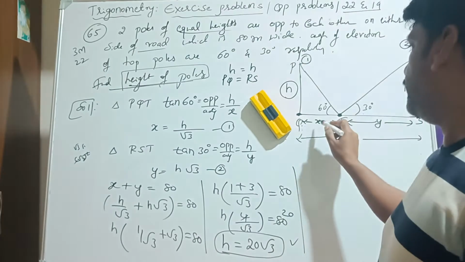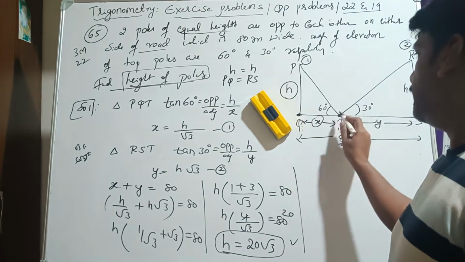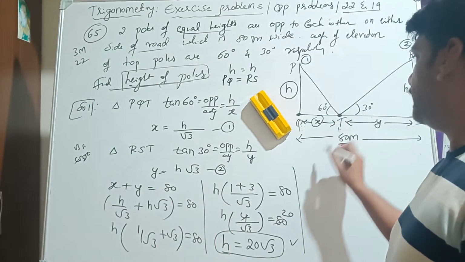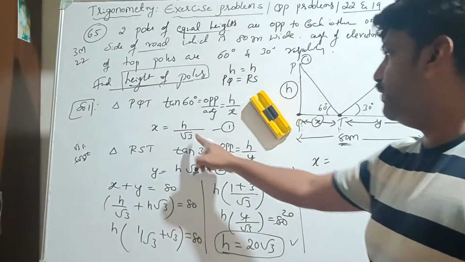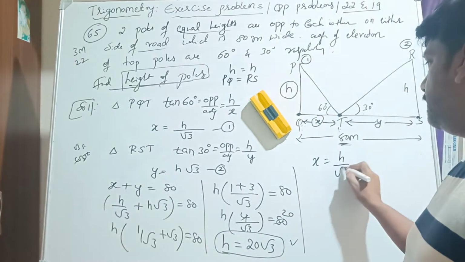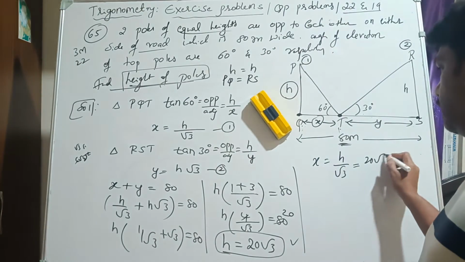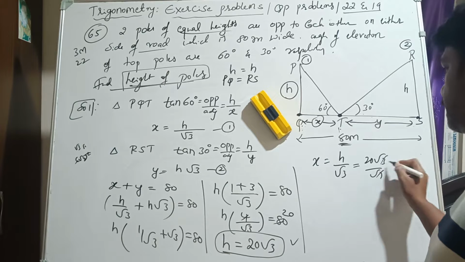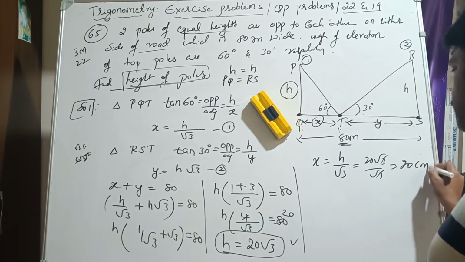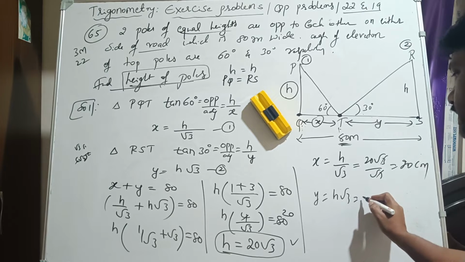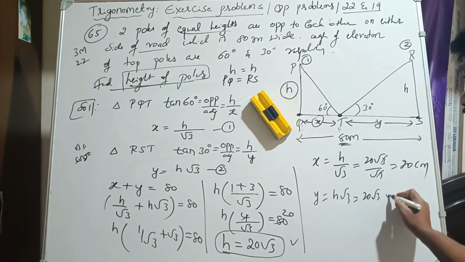Suppose I want to calculate X, the distance from the first pole to this center point. We know that X is H divided by root 3. What is the value of H? 20 root 3 divided by root 3, so it is 20. X is 20 meters. What is Y? Y is H into root 3, and H is 20 root 3 into root 3.